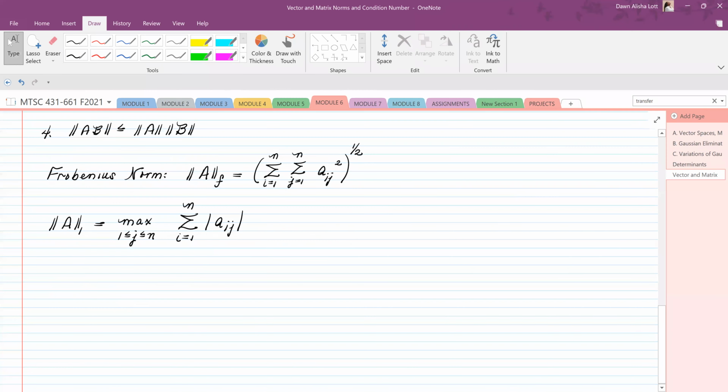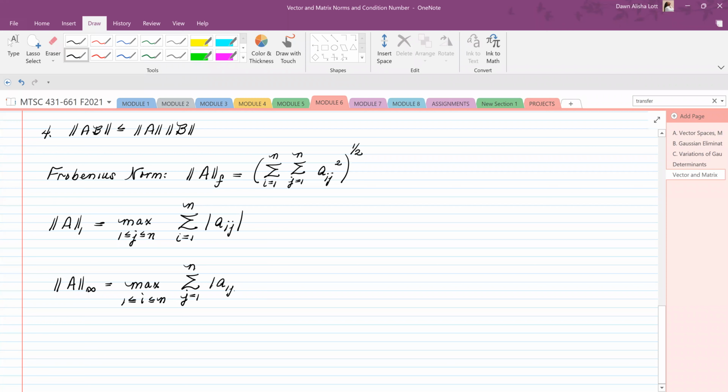And then the infinity norm of A is the max of the row sum. So that's the max 1 less than or equal to i less than or equal to n of the sum j equals 1 to n of the absolute value of aij.